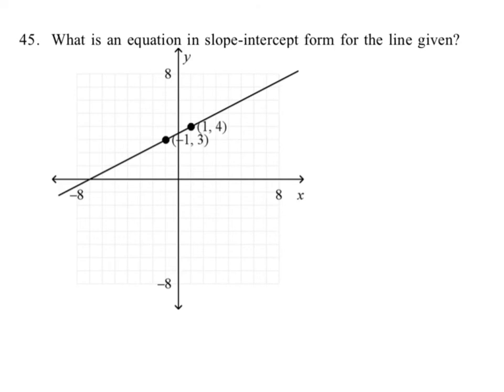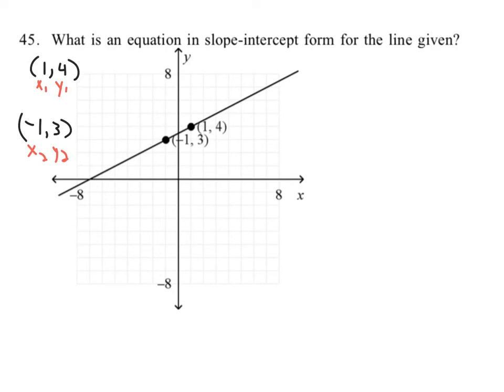Okay, what is an equation in slope-intercept form of the given line? Well, we're going to just do what we did before, except in this case we're getting our points off of the graph instead of them just writing it out for us. So the points are 1, 4 and -1, 3. And so if we were to label them, we can call that x1 and y1, x2 and y2, like that.